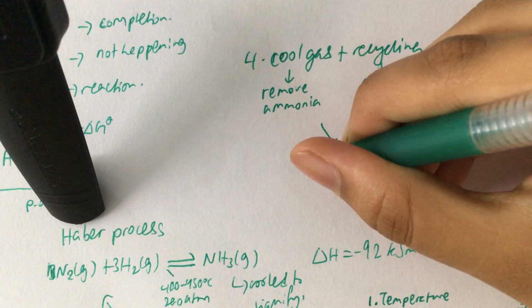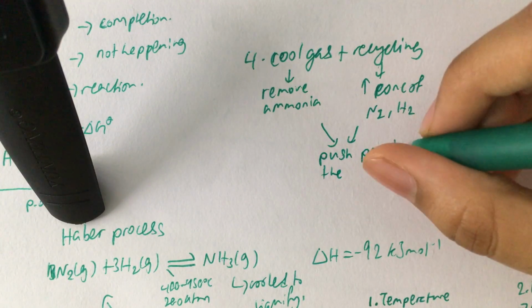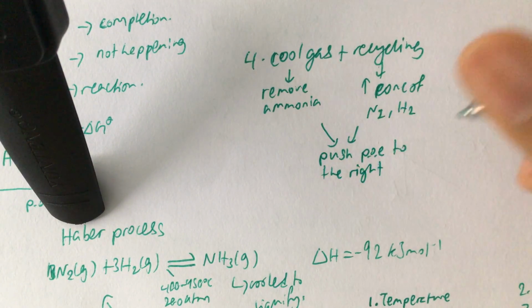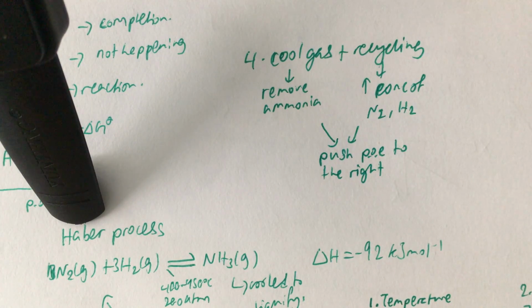So the liquid ammonia can then be funneled off and used, and that's the product that you need. It also helps to drive the reaction forward because when you decrease the concentration of ammonia, the reaction will want to push the position of equilibrium towards the right. So yeah, that's the point of it.